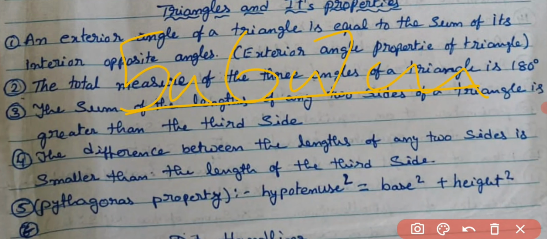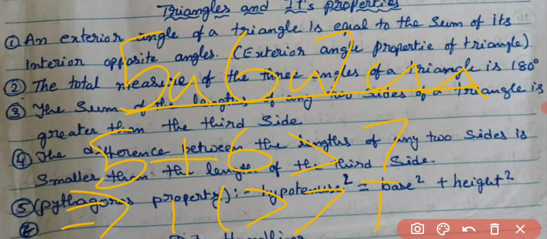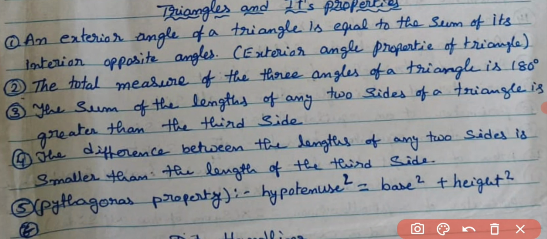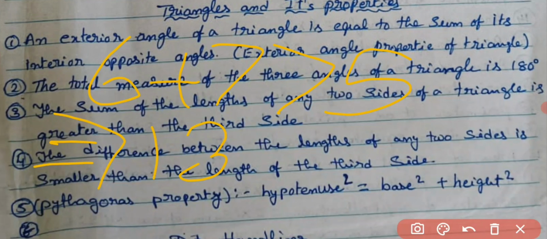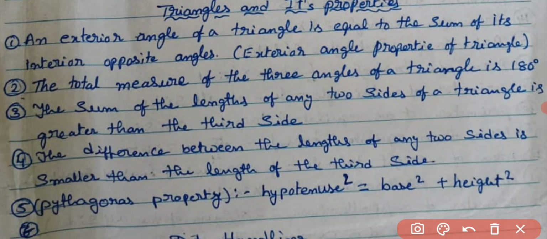To prove this, you would check whether 5 plus 6 is greater than 7. 5 plus 6 is 11, which is greater than 7, so it is true. Now we do this again with different numbers: 6 plus 7 is 13, which is greater than 5, so this is also true.